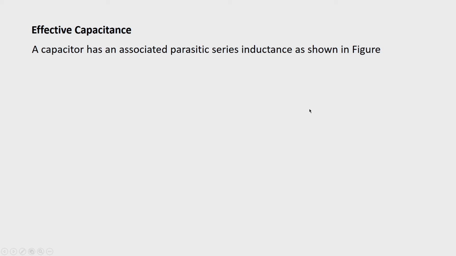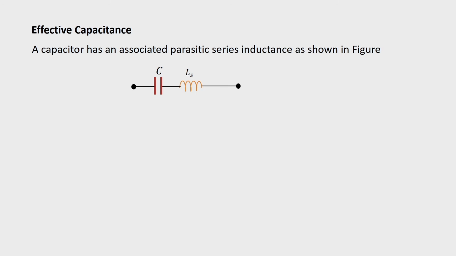So, we start with effective capacitance. A capacitor has an associated parasitic series inductance, which is shown in the figure. It will also have a resistance, which we are neglecting for the time being.